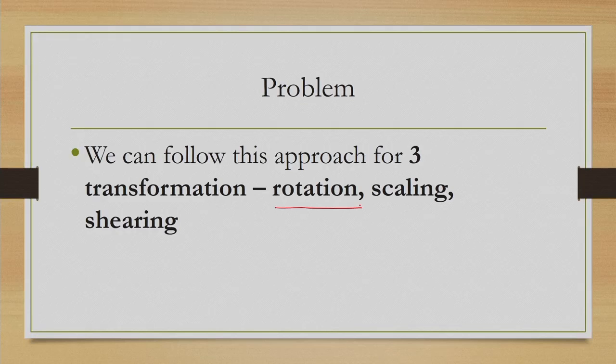We can do the same with rotation. We can have a 2 by 2 matrix for representing rotation transformation as well as shearing. So, then we can have 2 by 2 matrices for the 3 operations: rotation, scaling and shearing.